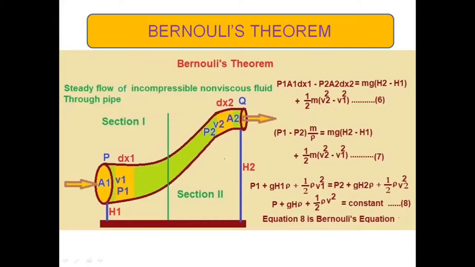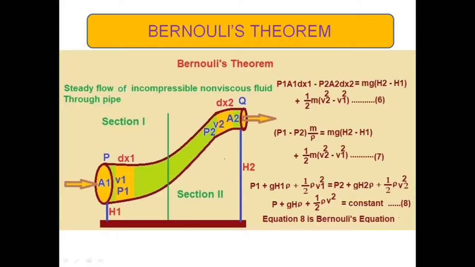Now that is the volume, and volume is nothing but the ratio of mass and density. So m upon rho is written there, which is equal to mg into the bracket h2 minus h1 plus 1/2 m into the bracket v2 square minus v1 square, and here we are writing equation 7.